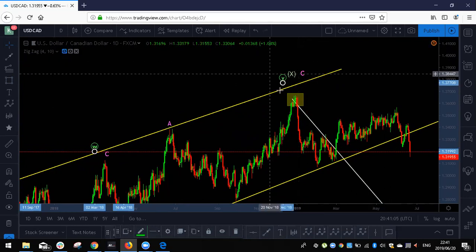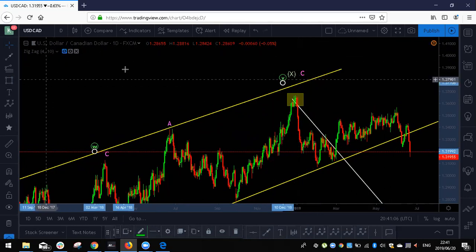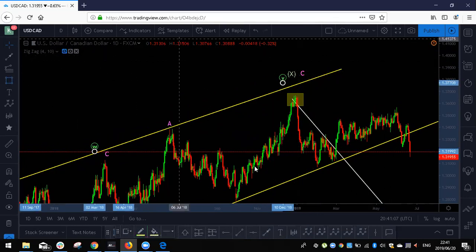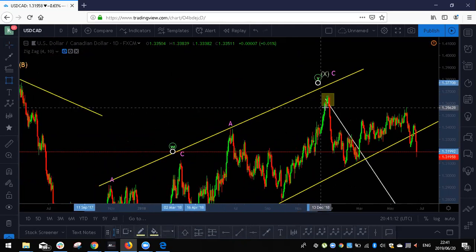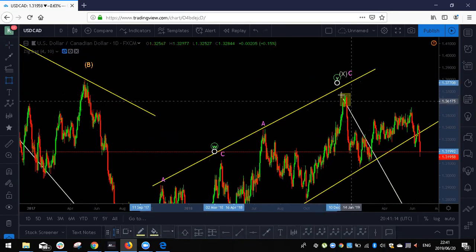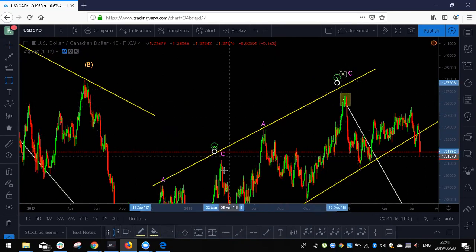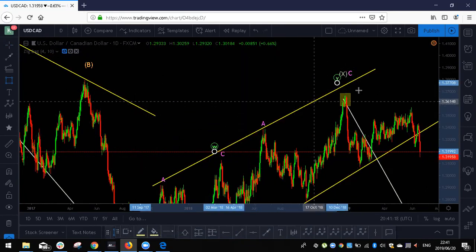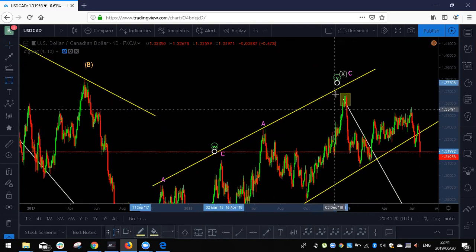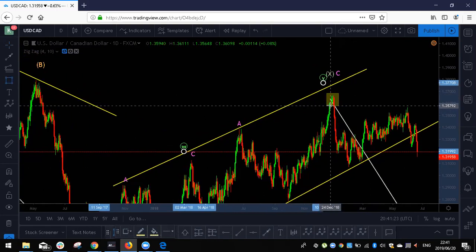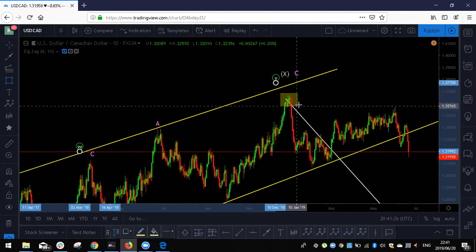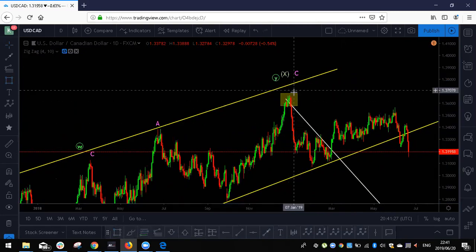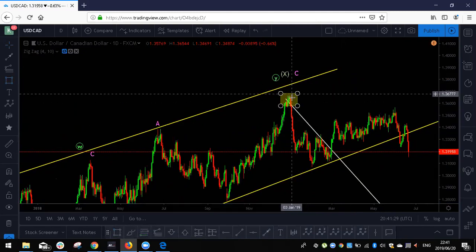Because you see, I have 3 letters in one level. So this is like a triple confirmation that this channel needs to turn from there because the corrective move is done. From this level, it was done. If you have an appetite to hold a trade, you can hold.